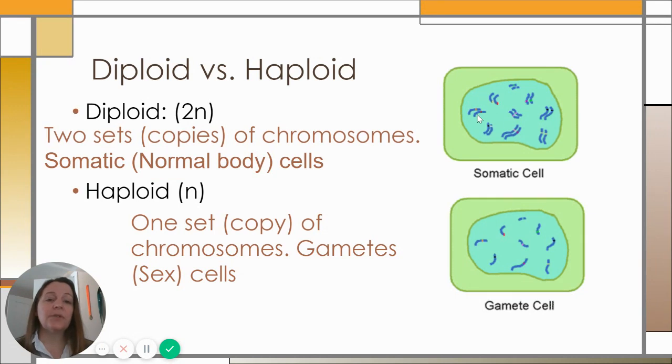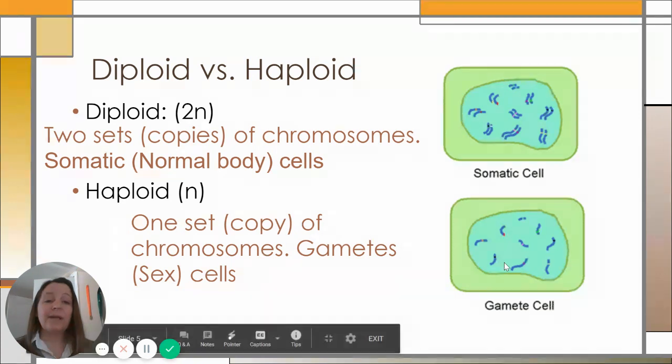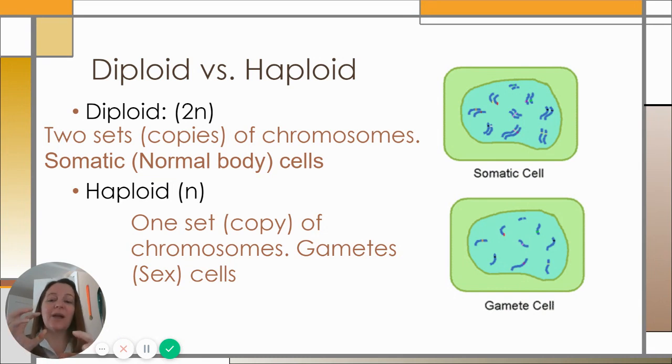So in your body cells, you have one set from your mom and one set from your dad. Well, how did those 2 different sets get together? That's where we talk about the sperm cell has one set, 23, and the egg cell has the other set, 23, so that when they come together, the baby has the proper 2 sets of chromosomes.